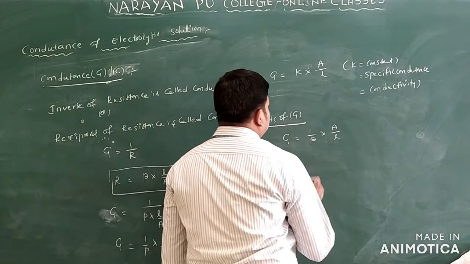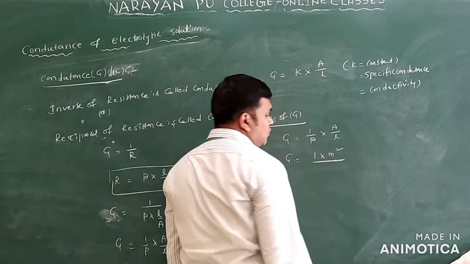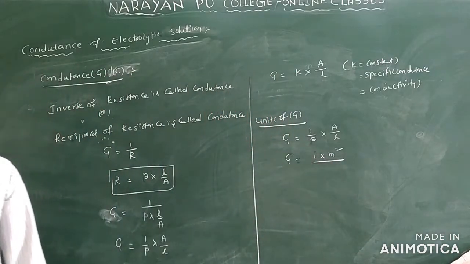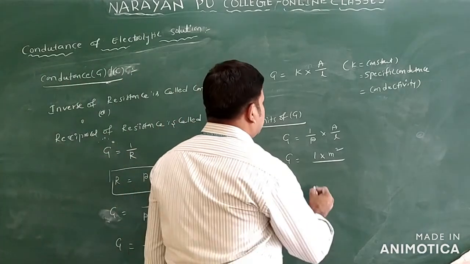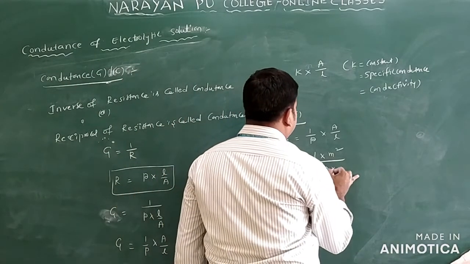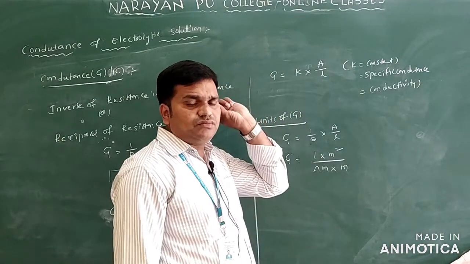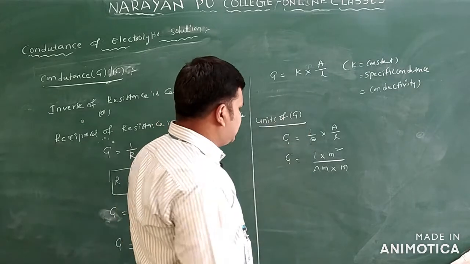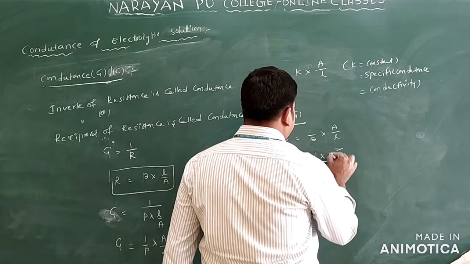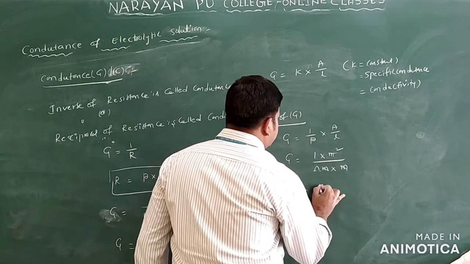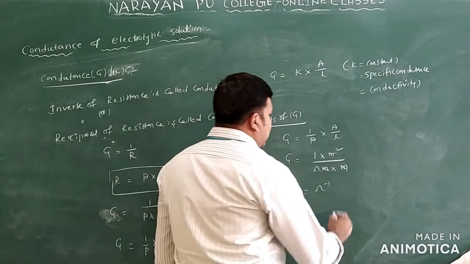So G is equal to 1 into area, suppose I am writing meter square, divided by the units of rho, which we got as ohm meter, into length, suppose meter. Meter square and meter, so meter is cancelled. So G is equal to ohm inverse only.